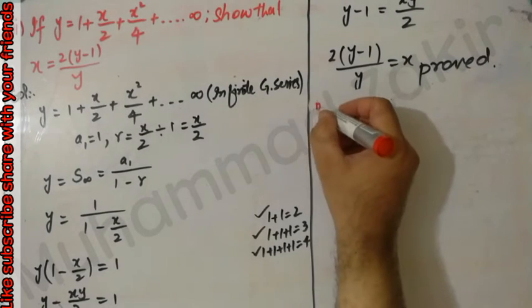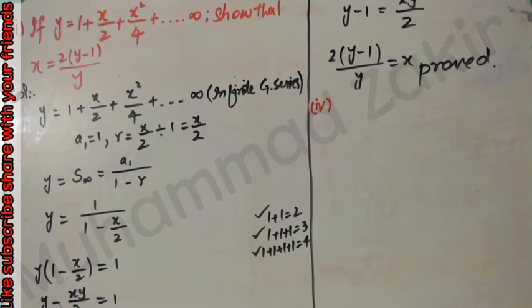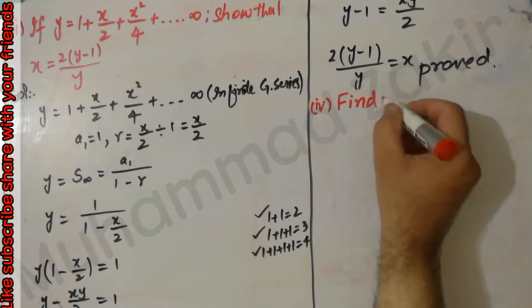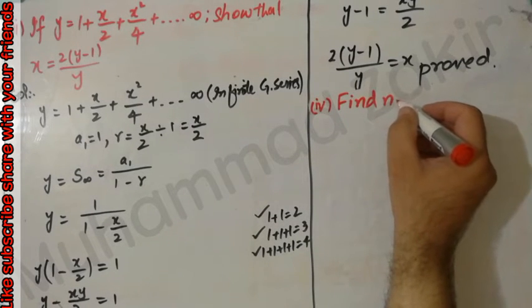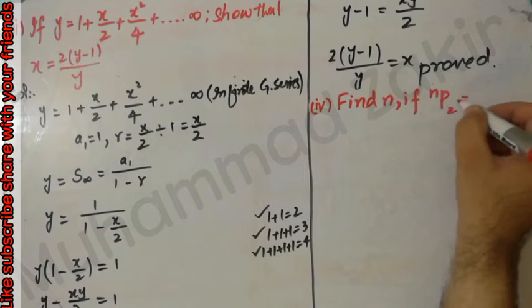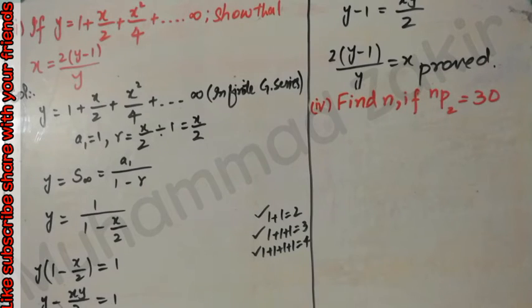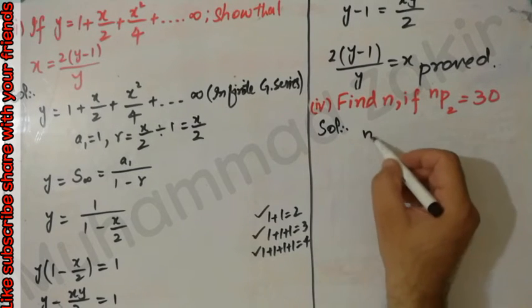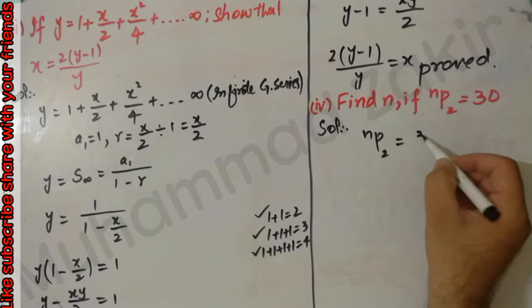Part 4. What is part 4? He says find n. Find n from where? If np2 is equal to 30. We know it is from unit 7, and let's see how we can find n from here. np2 is equal to 30.